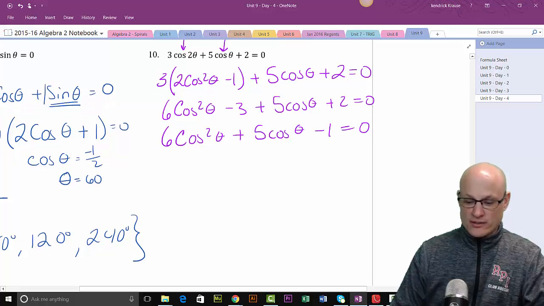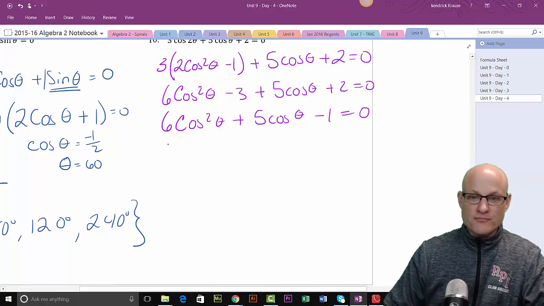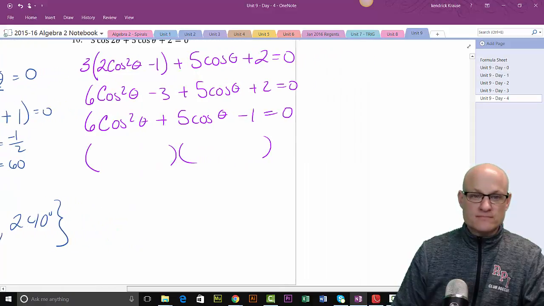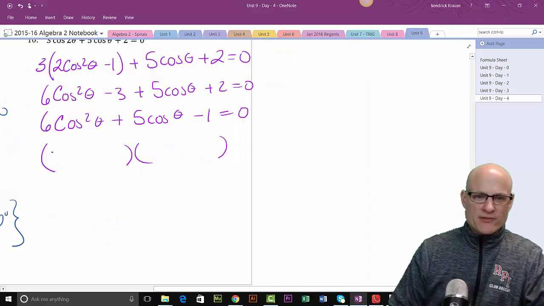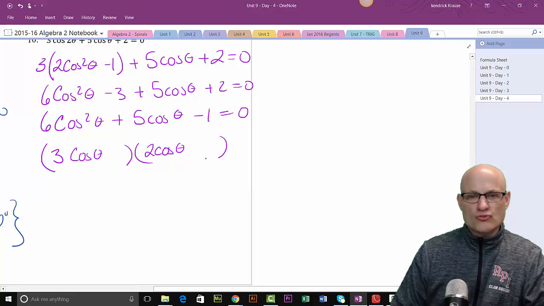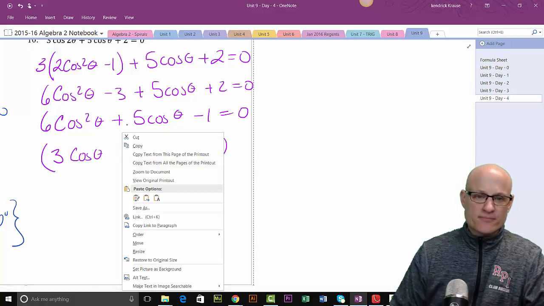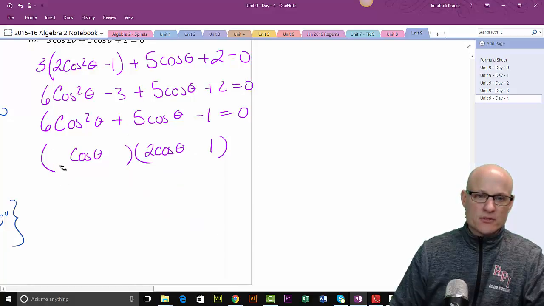Oh good, it's 1. That shouldn't make it too difficult. So I'm guessing probably 3 cosine theta and 2 cosine theta. That's not going to do it. Better change this to 6 and just 1.